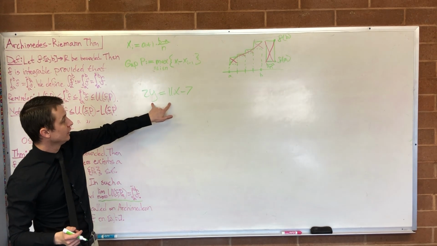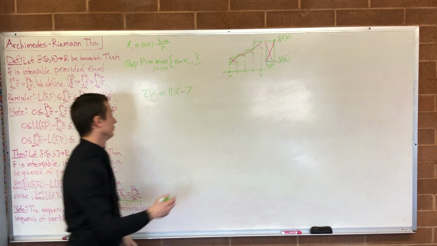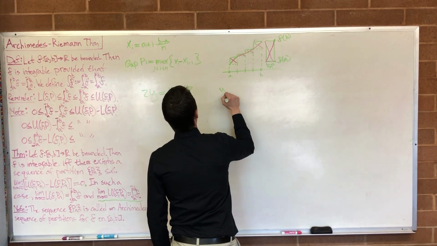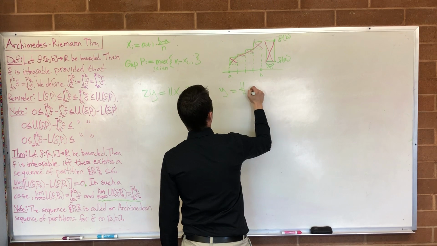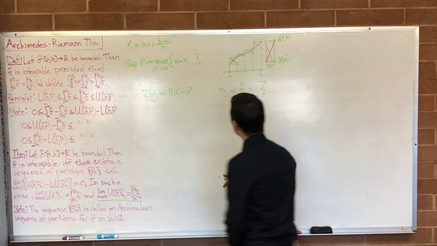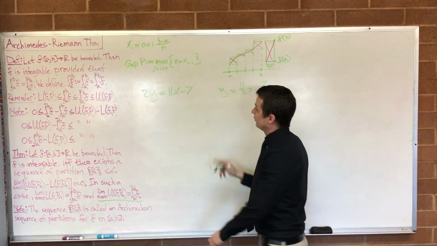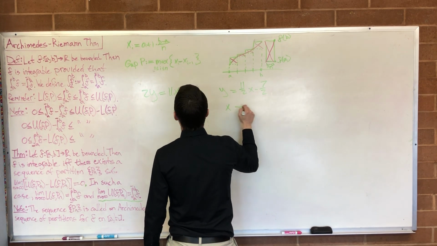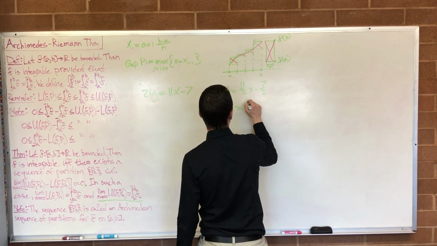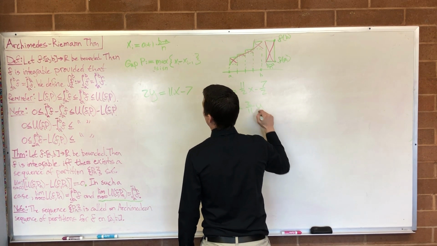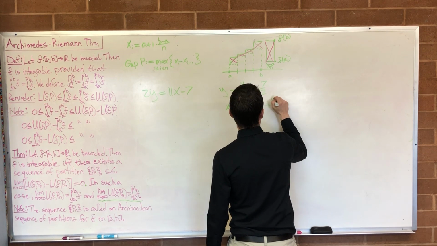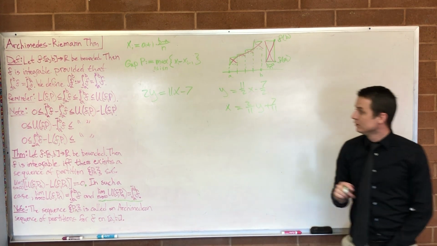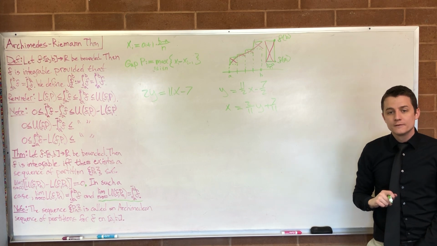So I need to solve this in terms of y if I want to calculate the derivative in terms of y. So I can rewrite this as y is equal to 11 halves x minus 7 halves. Or I can solve this in terms of x, and I can say that x is equal to 2 11ths y plus 7 11ths. Right?